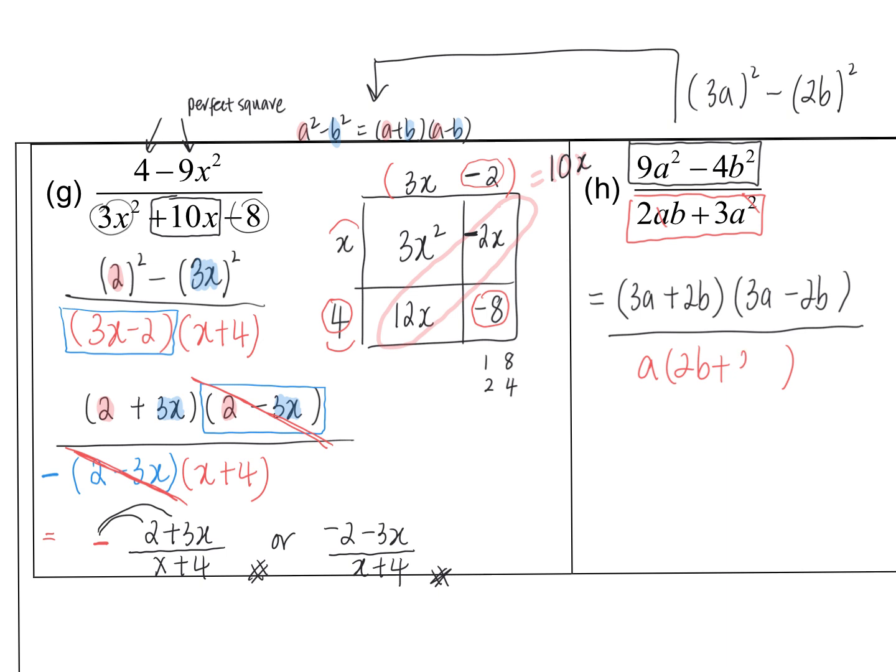So when you look at it, these two, although different order, I don't need to change it because 2B plus 3A and 3A plus 2B is the same thing. So these two I can cancel out already. I don't even need to change position. I know they are equal. So I can cross this out and then this is my answer.